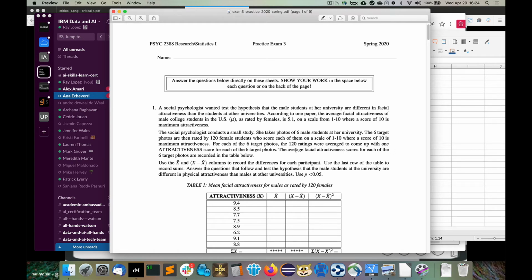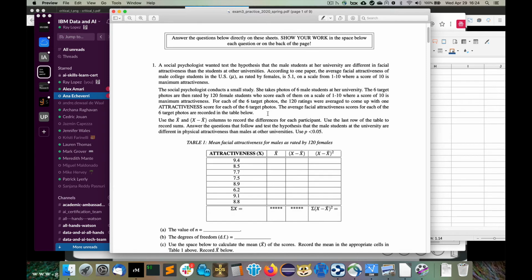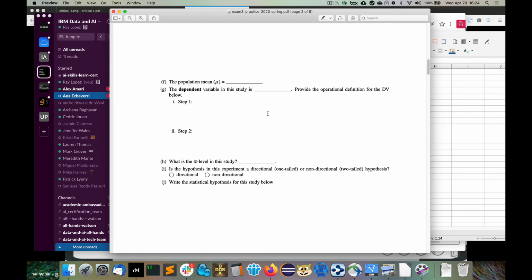So what we're counting here, or the thing that we're assessing, is facial attractiveness. Okay. Social psychologists wanted to test the hypothesis that the male students at her university are different in facial attractiveness than the students at other universities. That is our dependent variable, facial attractiveness. So you just write that here in this little column right here, in this little space right here. Squeeze it in there, facial attractiveness.